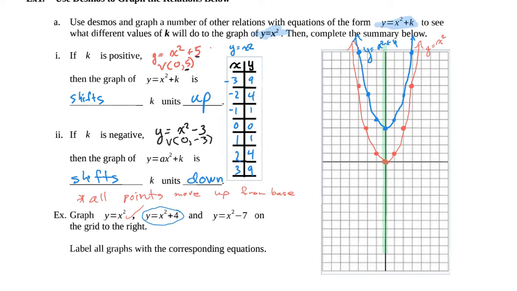Now my question for you is this: if I have y is equal to x squared minus 7, which I'm going to graph in black here, what does that mean? It means that from the base graph of y is equal to x squared, which is here, which we've plotted using these points here, basically all we're doing is moving down all of the points exactly 7 spots below to get something like this.